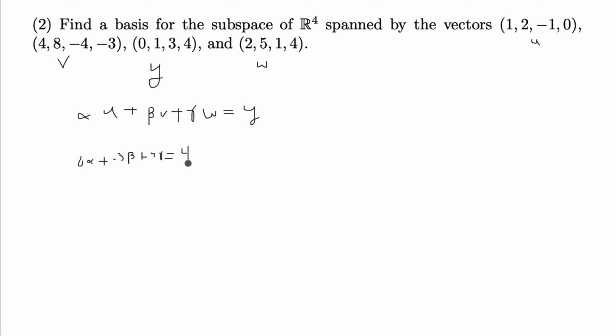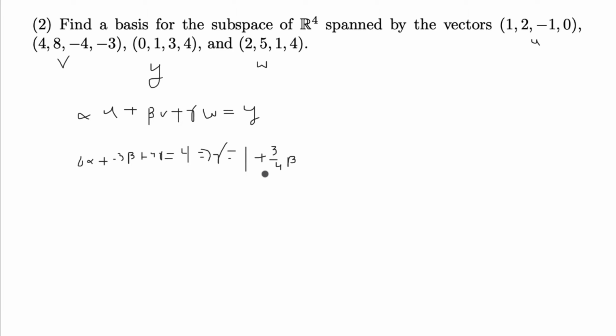And clearly this implies that gamma is equal to 1 plus 3/4 beta. So with that, we have one way of writing gamma in terms of beta.